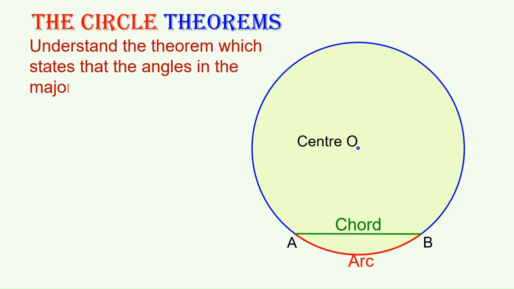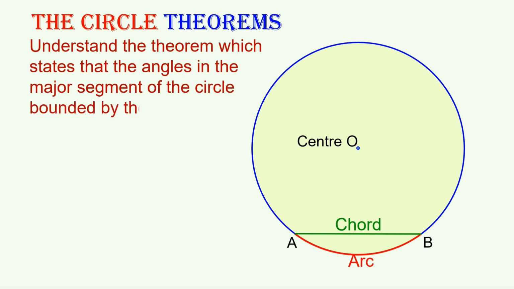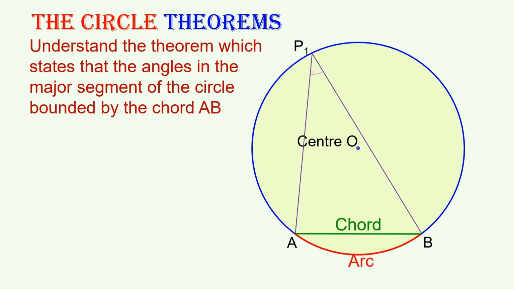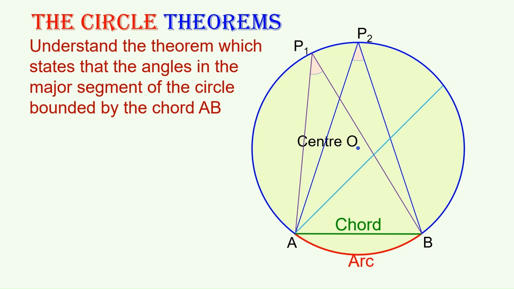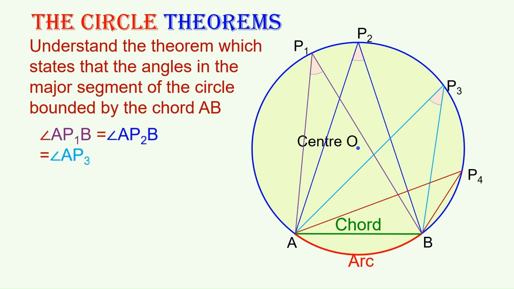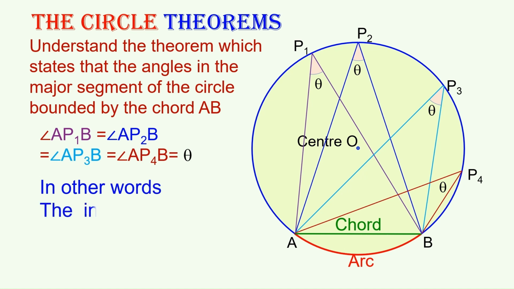Understand the theorem first, which states that the angles in the major segment of the circle, bounded by the chord AB, as per theorem, so the angle AP1B equals angle AP2B equals angle AP3B equals angle AP4B equals theta.